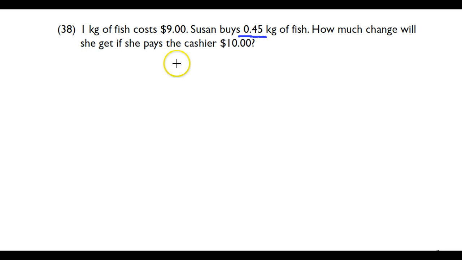Now to find out how much 0.45 kilogram costs, you take 0.45 times 9, right?